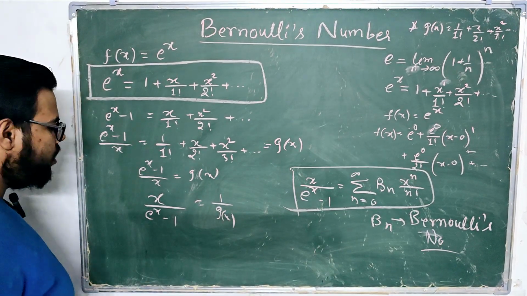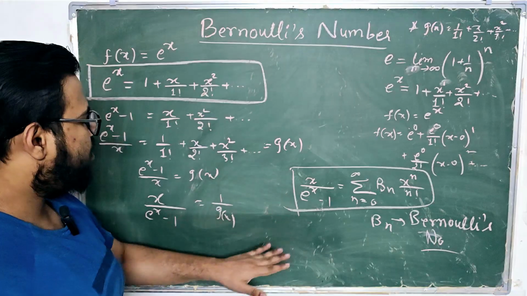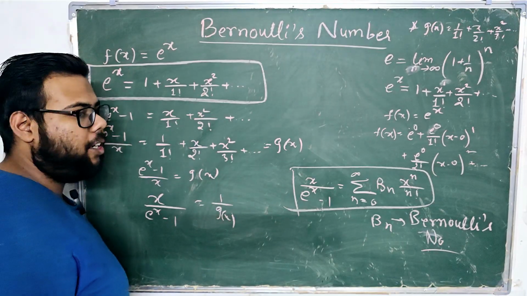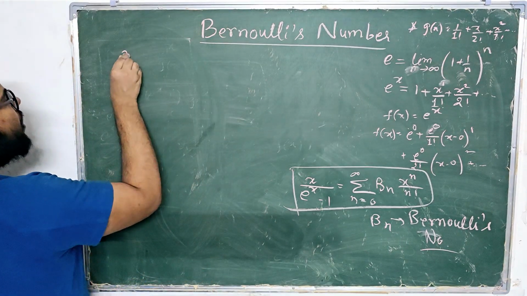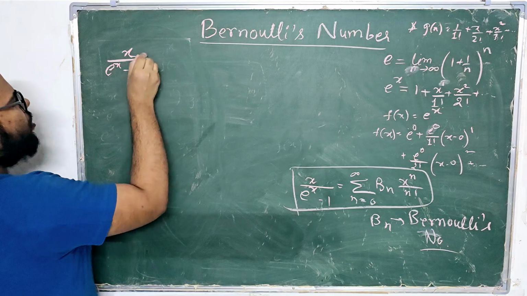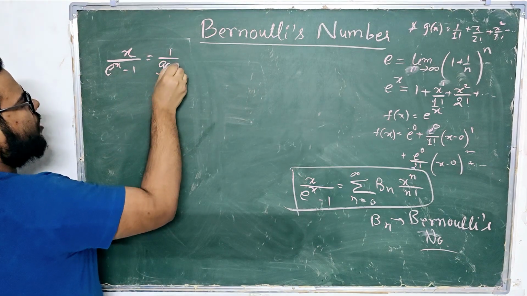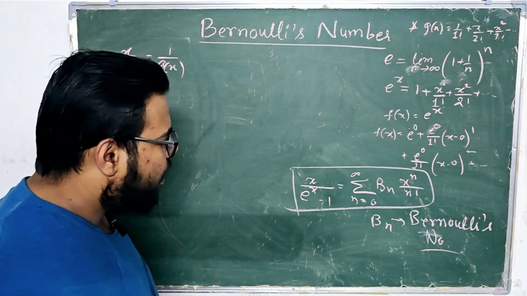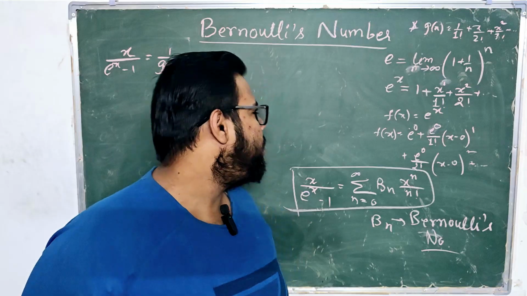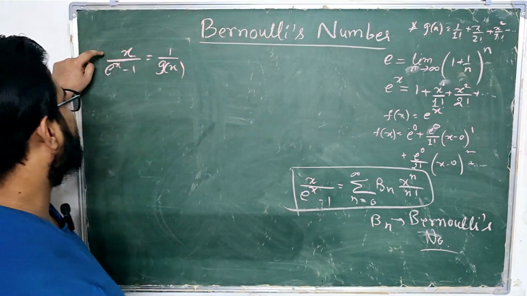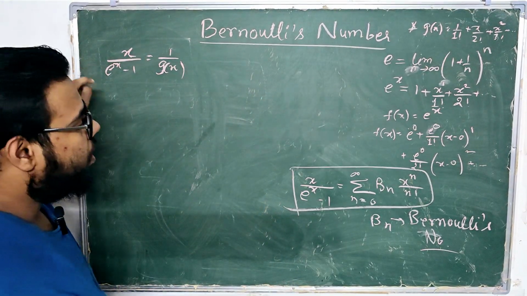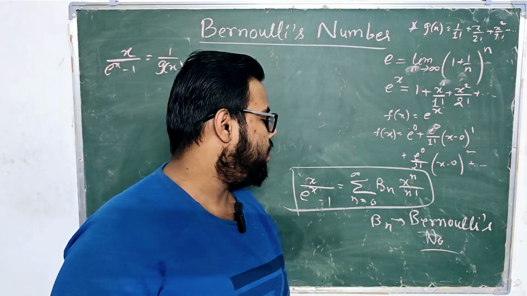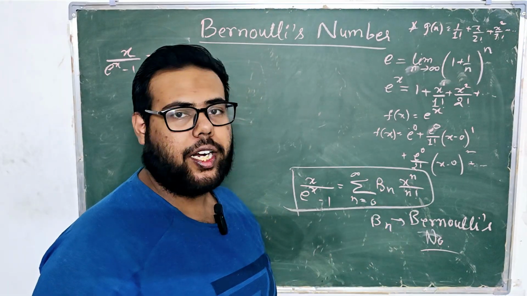Okay. So now let me erase all this stuff and let's come back to this expression. So we had got x upon e raised to the power x minus 1 is 1 upon g of x, right?